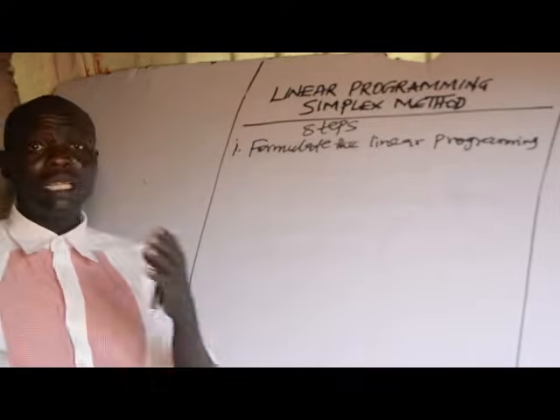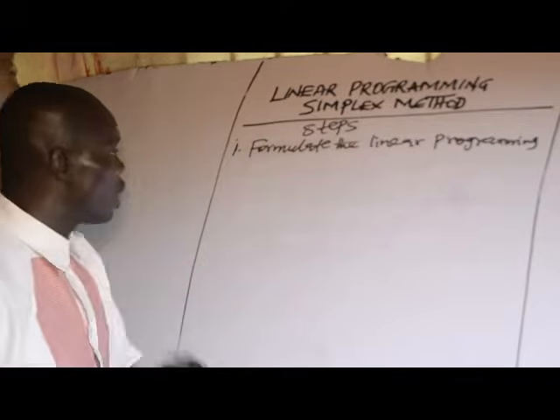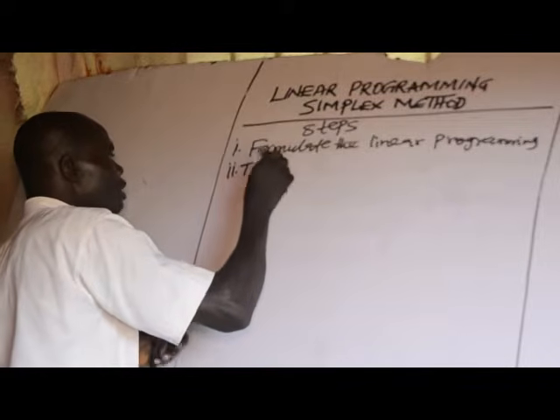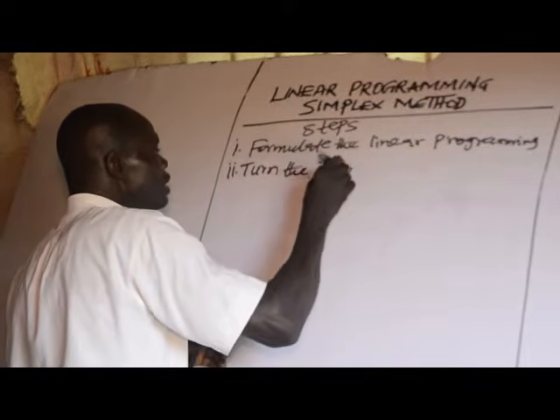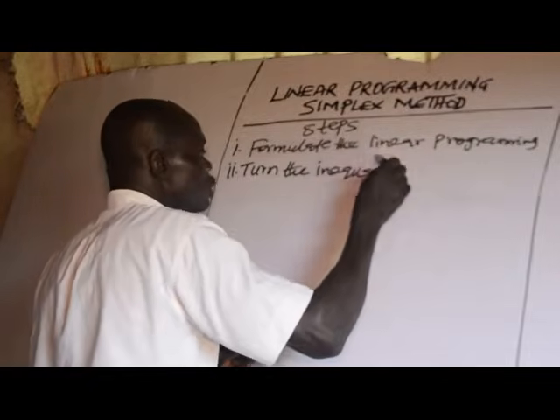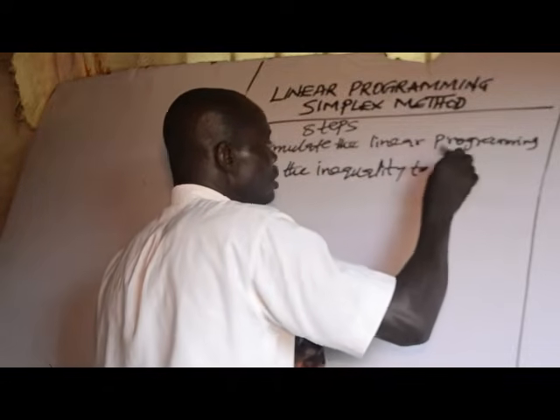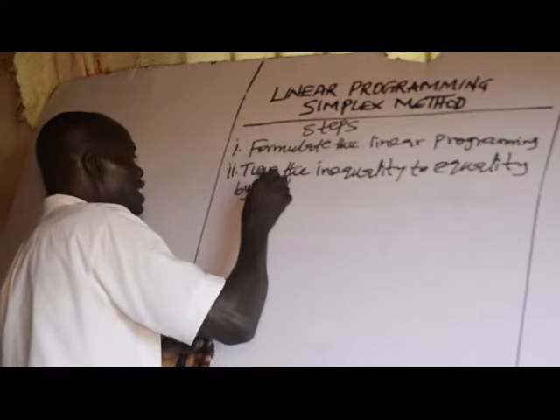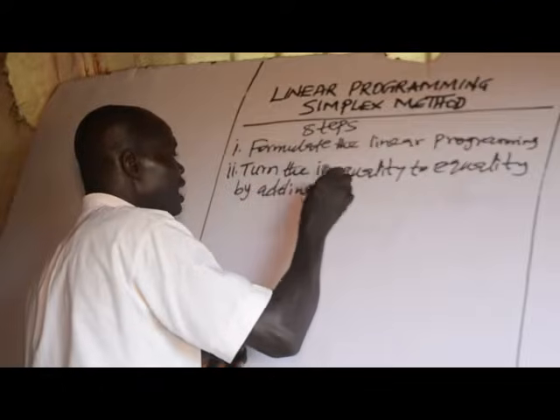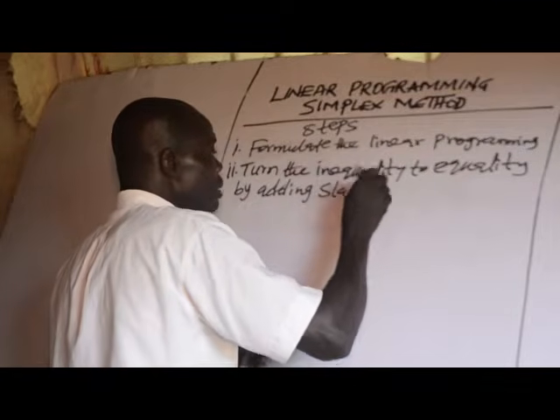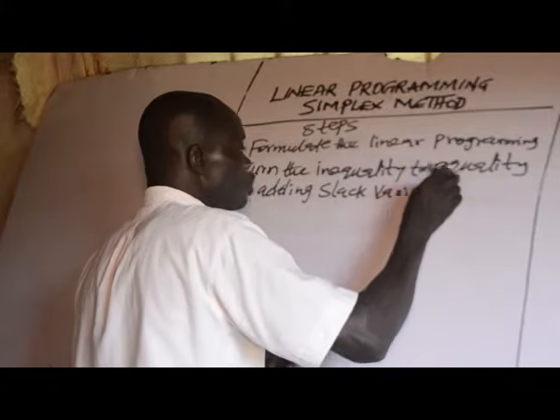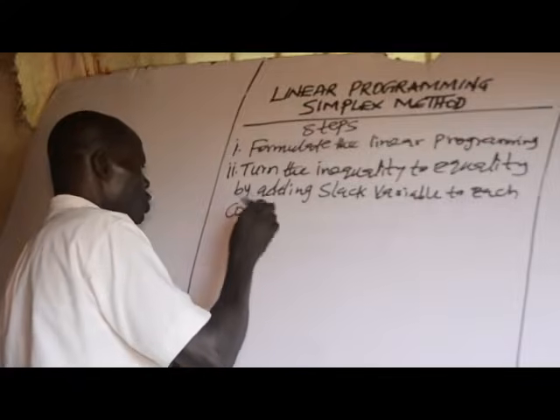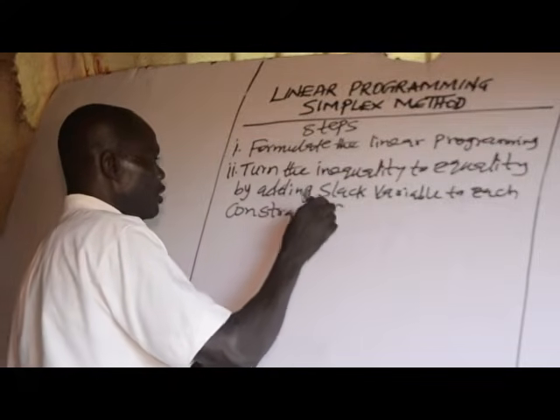Step 2 is to turn the inequality to equality by adding a slack variable to each constraint function.